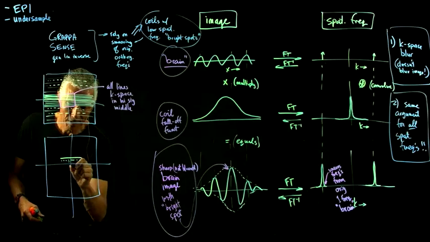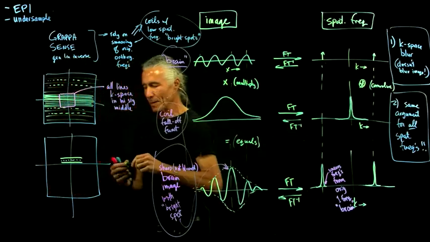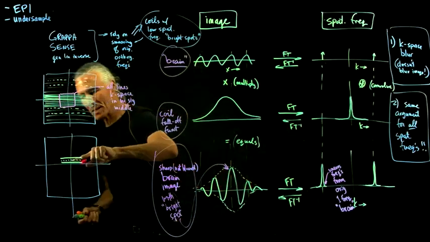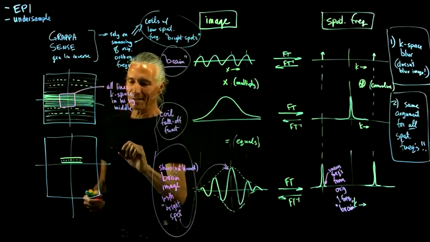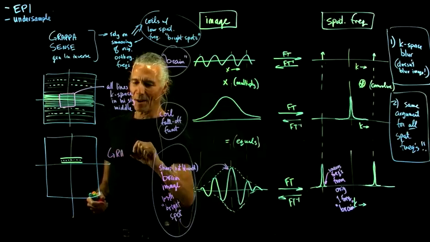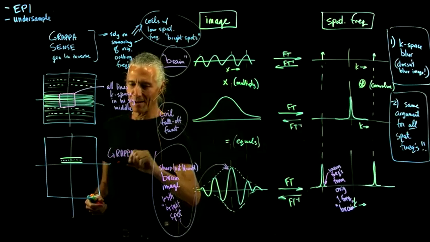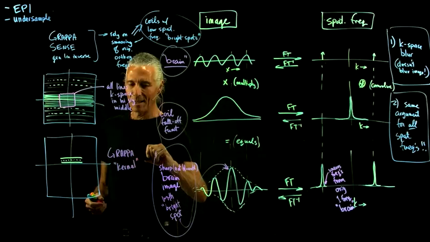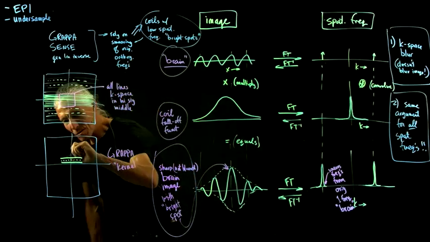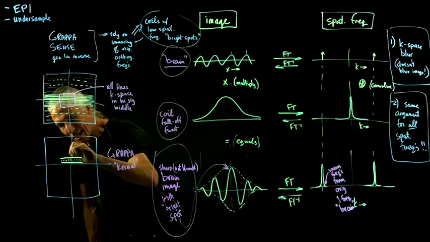Here are some surrounding frequencies in K-space, and all we do is make what's called a GRAPPA kernel. But what is that? It's basically training you to recognize what that point is based on the surrounding data points. So here are the surrounding data points like that.